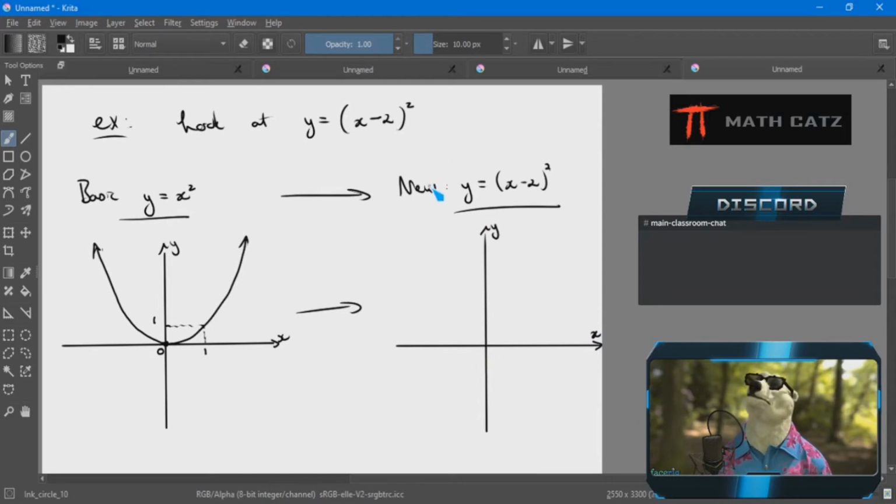So now, what is happening to the graph? Well, when I look at this bottom vertex point, in the original, I had to plug in x equal to 0 to find the corresponding y value of 0. So in the basic original, an x value of 0 gives me the answer for y, 0.